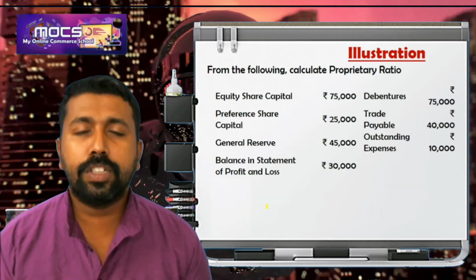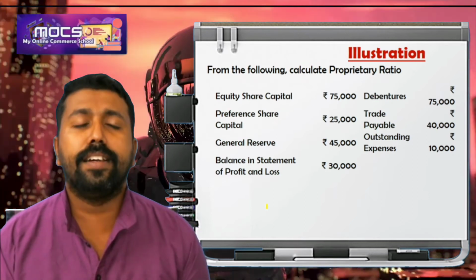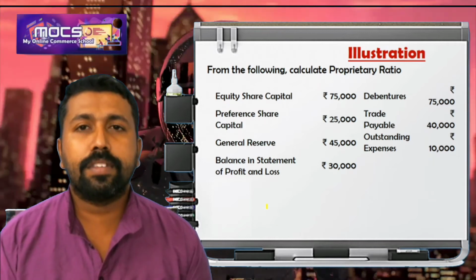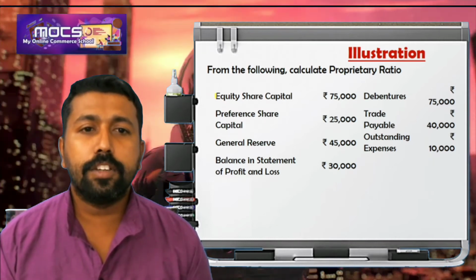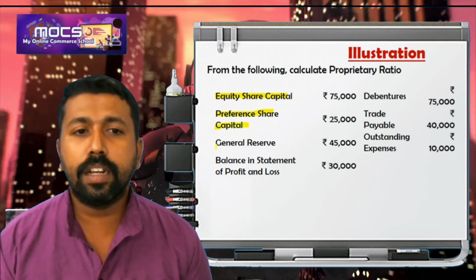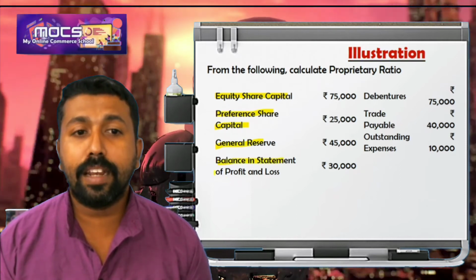From this information, keep in mind we need the value of net asset or the total asset and the total of shareholders fund. The shareholders fund we can calculate by using equity share capital, preference share capital. We have to find the total. General reserve amount is there. Balance in statement of profit and loss amount is there.